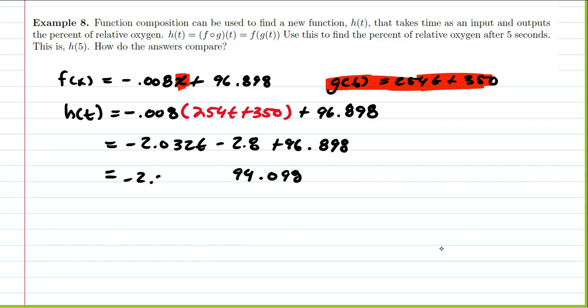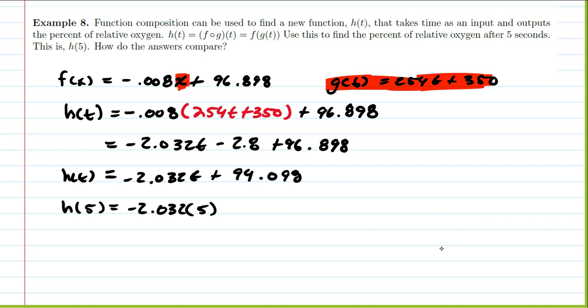So our new function, represented by the composition, h of t, is negative 2.032t plus 94.098.